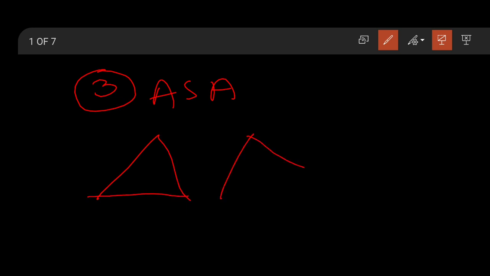The third test was the ASA test, means angle side angle test. Again, these two triangles, the names are ABC, PQR. This angle is congruent to this angle.